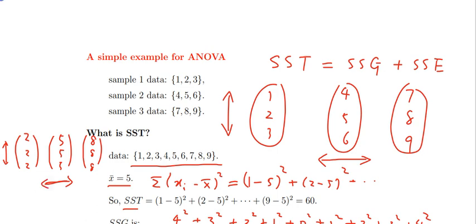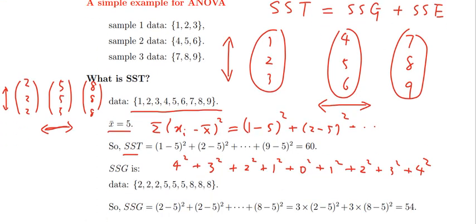So this is SSG. SSG is just like SST, with data like this: 2, 2, 2, 5, 5, 5, 8, 8, 8. So to find SSG, we just find SST for those data. The formula is the same: each one minus x bar, squared. The average x bar is still 5.